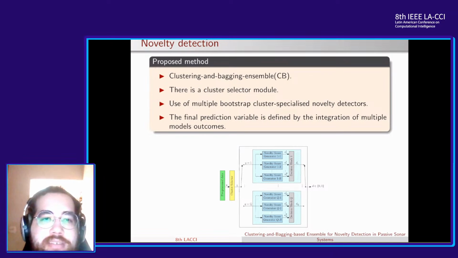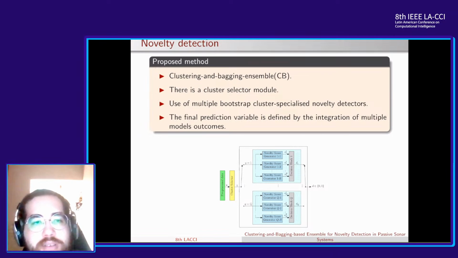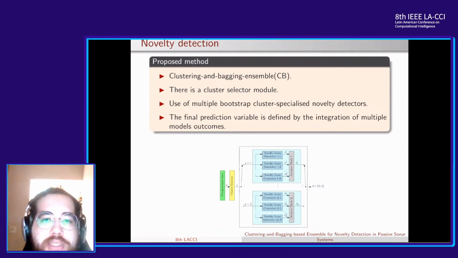These novelty detectors are generated over some bootstrap sample having an arbitrary size, following a sampling with replacement approach, produced for each cluster considering the training set partition belonging to the same cluster. Finally, the final prediction is defined by the integration of multiple models' outcomes, generating a specific cluster decision block output.